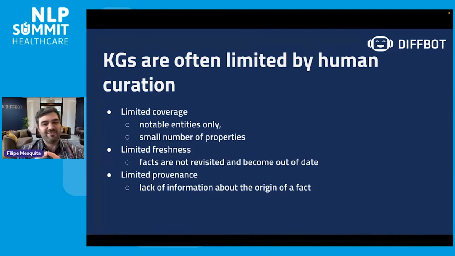Maybe it's not current anymore. Sometimes there are new entities that appear that you're not able to react to quickly and add to the knowledge graph, because again, it depends on a human going there and adding that information. And it's also limited provenance. Not always do you know where that knowledge came from. What's the origin of a fact?